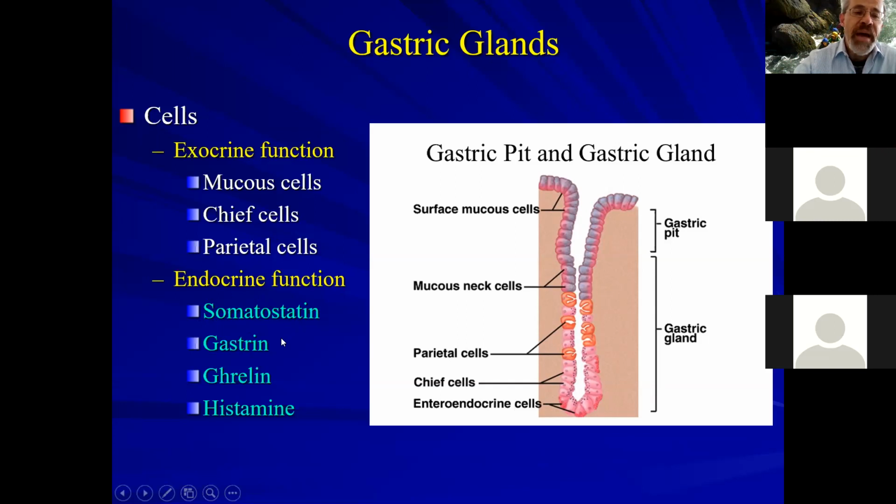The counter of that is gastrin and histamine. It's interesting, we've already heard of histamine in terms of its role in allergies, but in the stomach, it's actually a hormone, much like gastrin, that stimulates hydrochloric acid production. And we'll talk a bit about that shortly. It's kind of a fascinating mechanism.